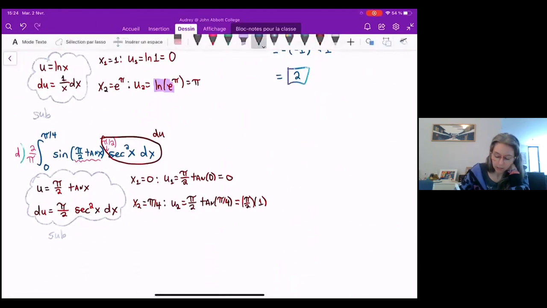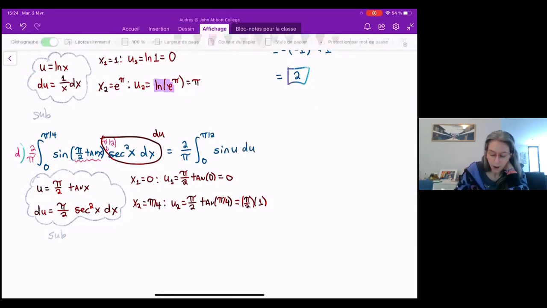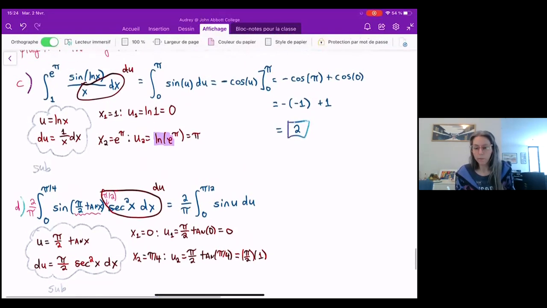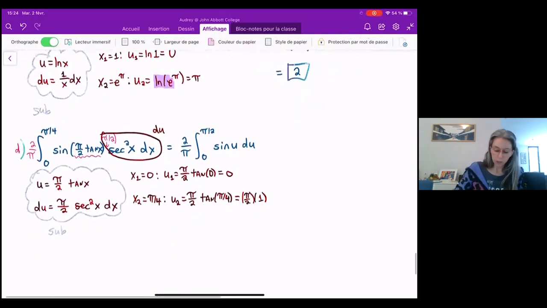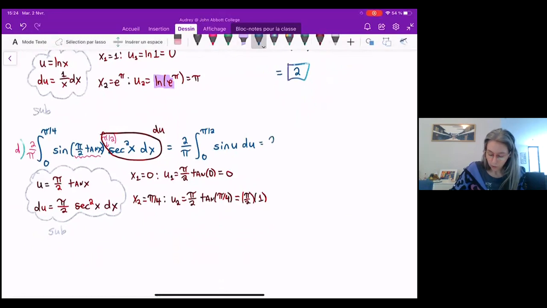So I'm going to have that this is equal to 2 over pi, the integral from 0 to pi over 2 of sine u du. And we actually now have the same known form as we did in our part C question. So this is just going to be now 2 over pi times negative cosine u between 0 and pi over 2.